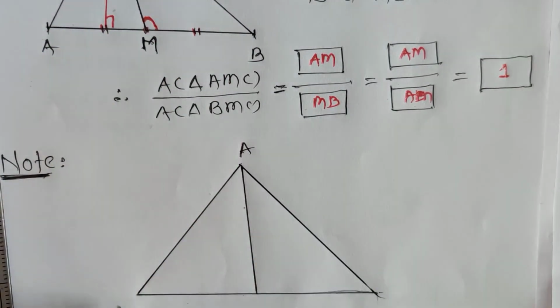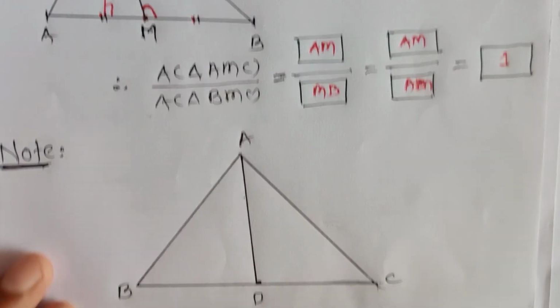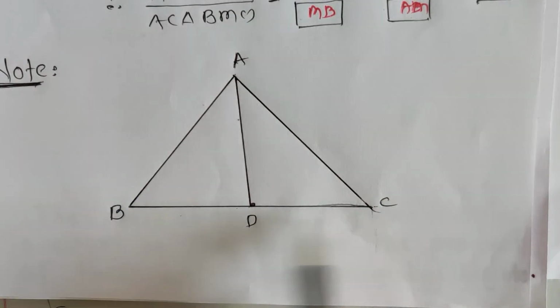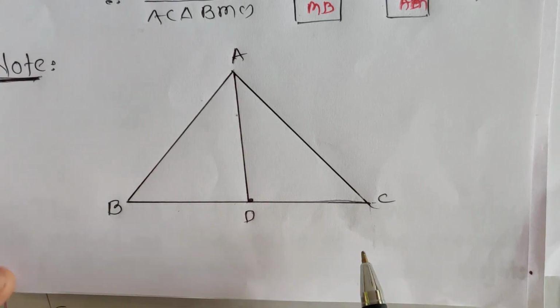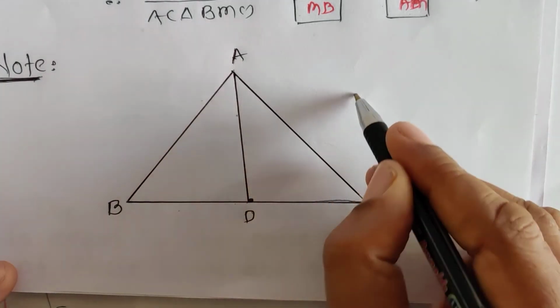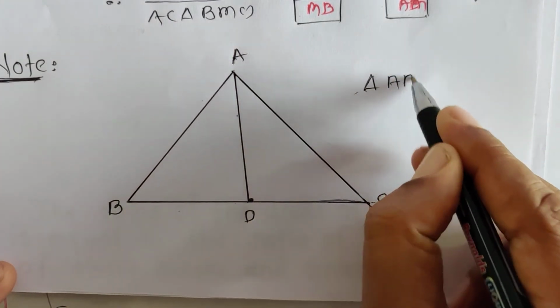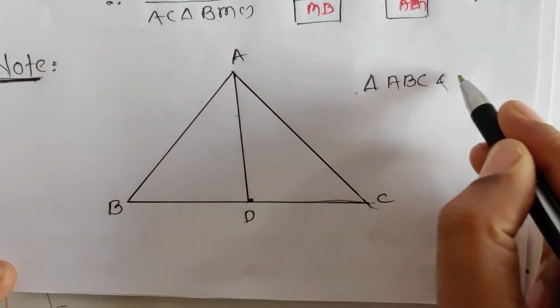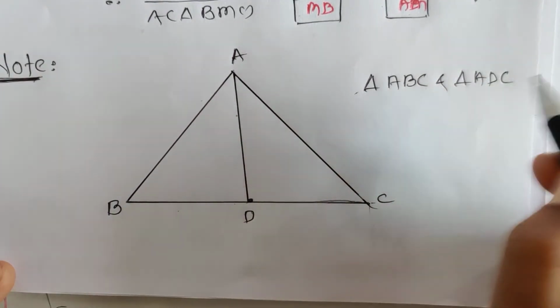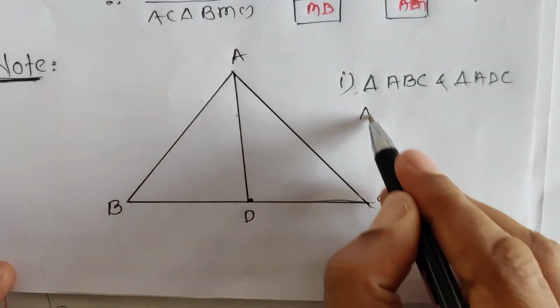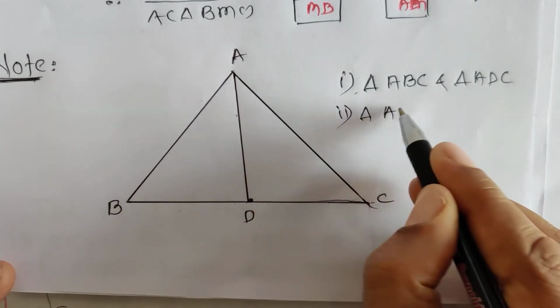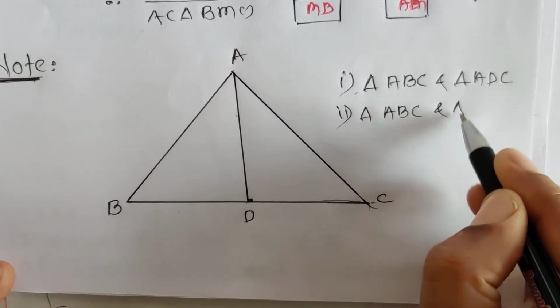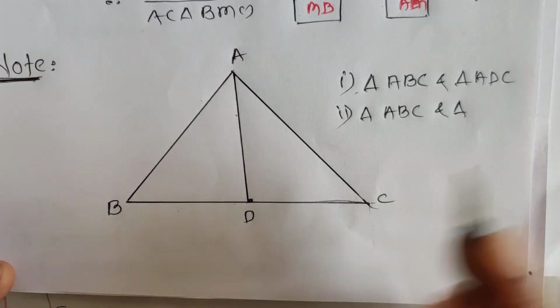Here A, B, C, and this is the point D. If we consider triangle ABC and ADC, this is the first pair. Second pair, triangle ABC and triangle ABD.